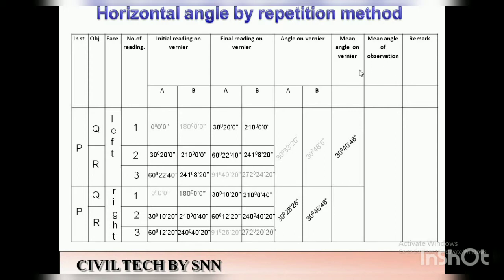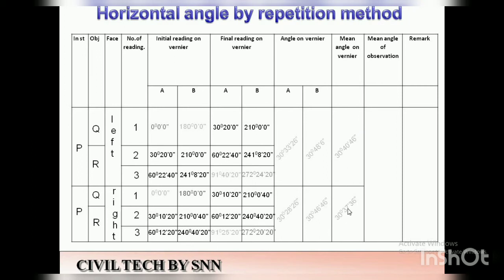Now the mean angle on vernier for face right. So here angle on vernier A plus angle on vernier B divided by 2, you will get the mean angle on vernier for face right, which is 30 degree 37 minute 36 second. Now the mean angle of observation. So this is your face left observation and this is face right observation.